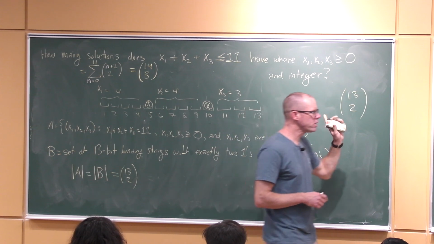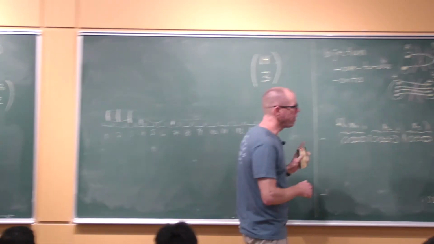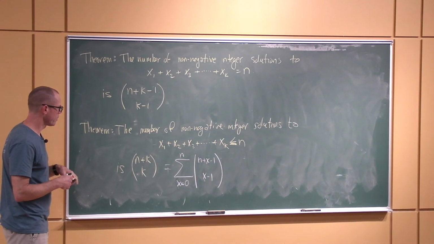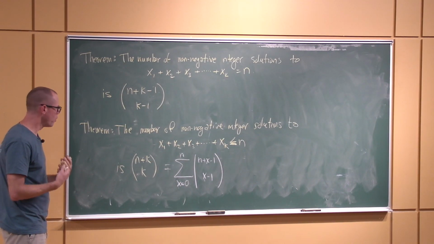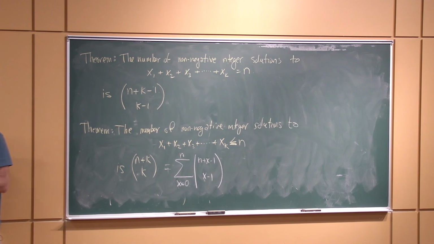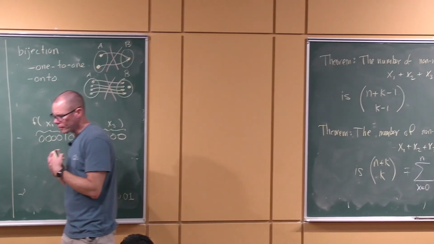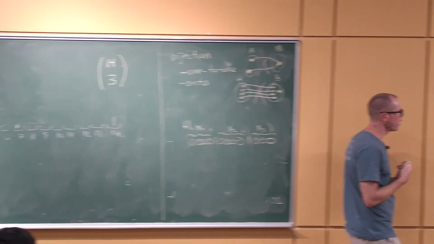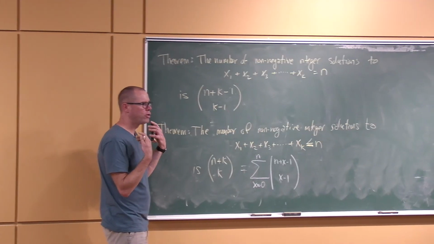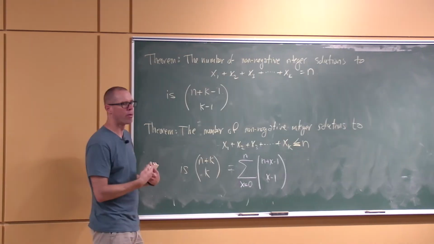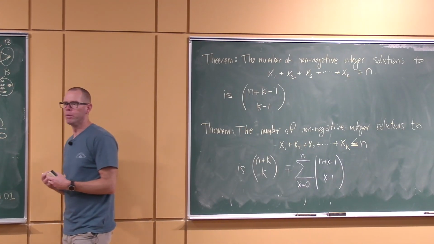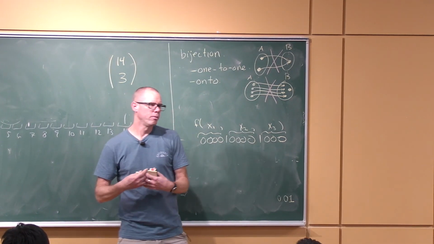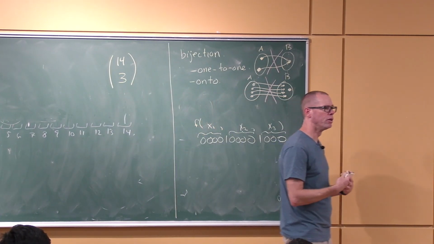All right, so let's think about why this is relevant for you guys. What kind of situation is this modeling? Well, this is basically saying I have n units of work to do, and I have k processors available to do that work.